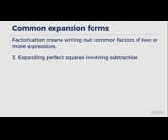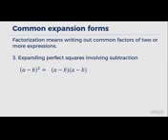We can also expand perfect squares involving subtraction. That is, we are going to have a minus b all into brackets raised to the power 2. So when we write the long form, we will have in brackets a minus b being multiplied by another a minus b, which is also in brackets.